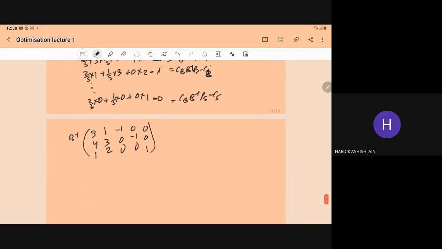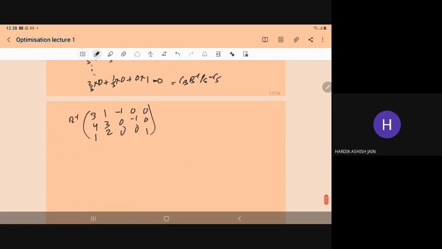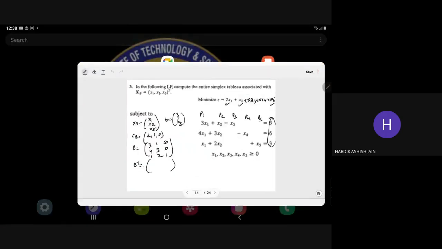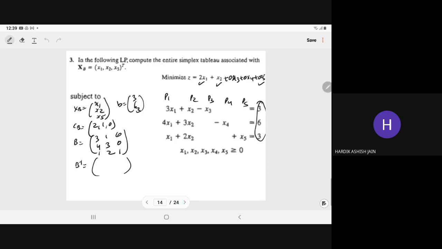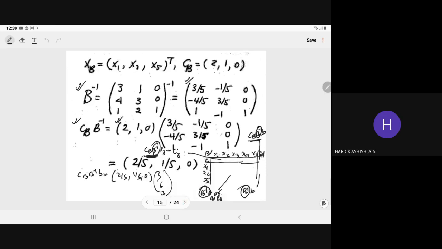What is the B inverse? B inverse is equal to 3 by 5, minus 1 by 5, 0, minus 4 by 5, 3 by 5, 0, 1, minus 1, 1. That is your B inverse.